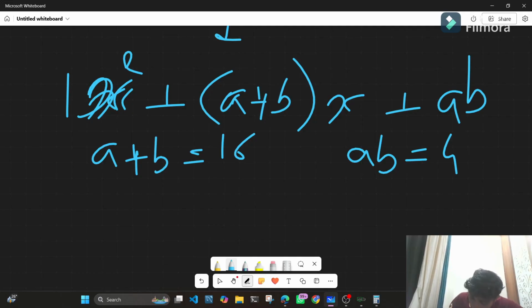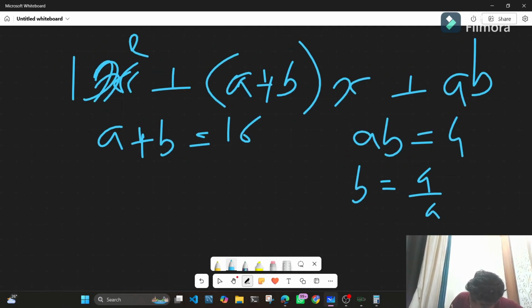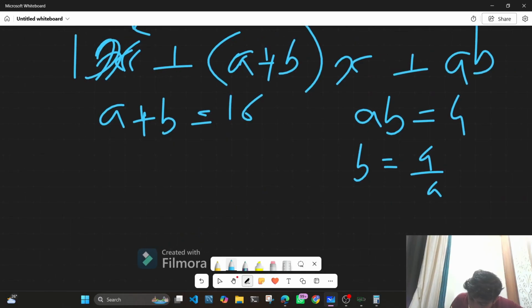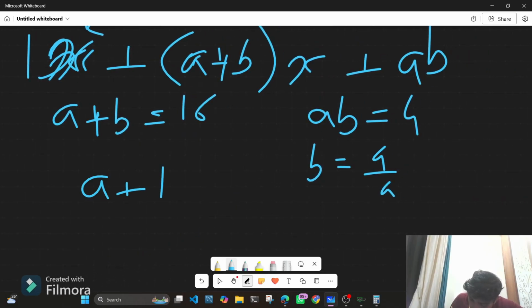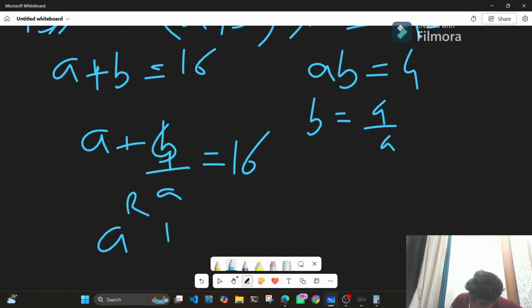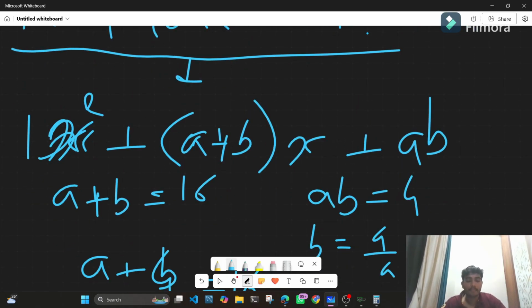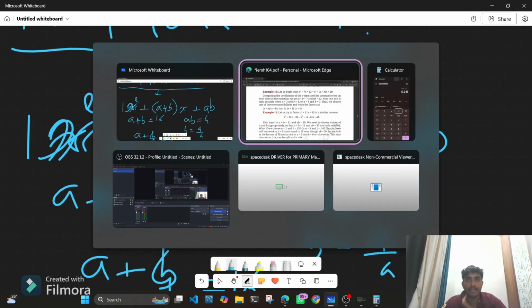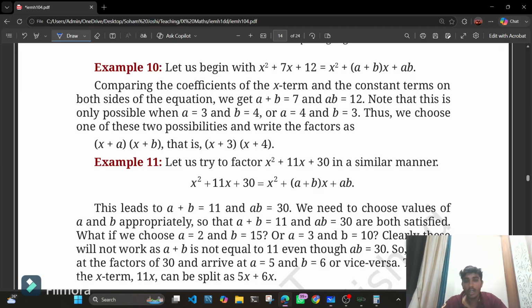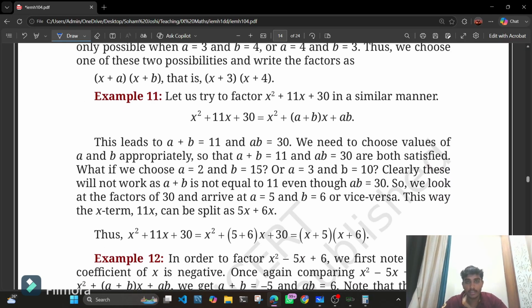If we were to find them, we would put b equal to 4 by a, but it won't work out.